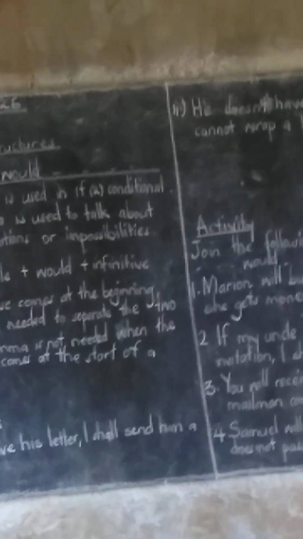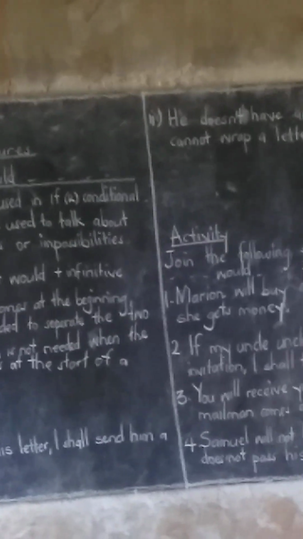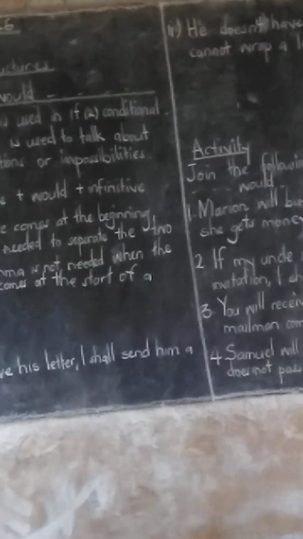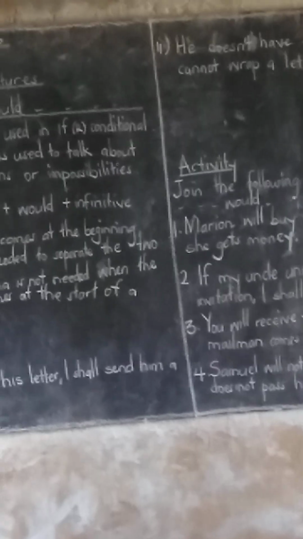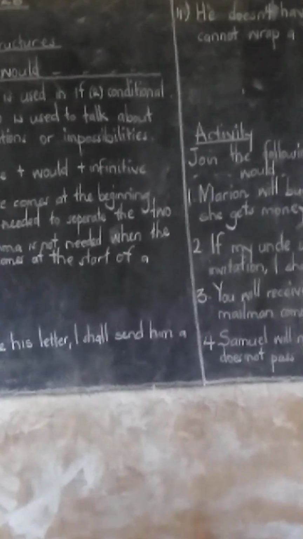Now, the sentence goes like this. It is already in if1. When we are in if1, in the if clause, it gets the tense in a present simple form. And when we go to what we call a main clause, it carries a future simple tense.